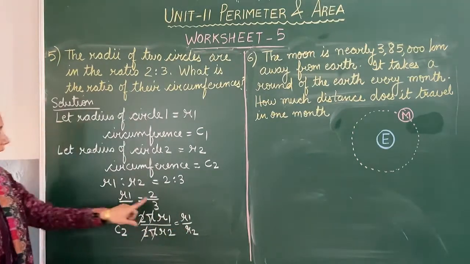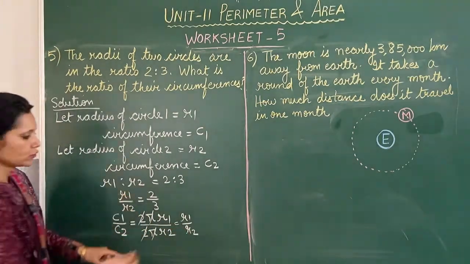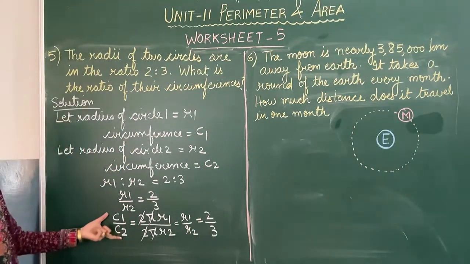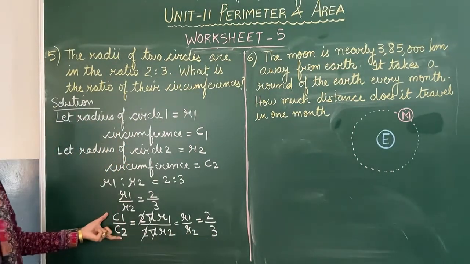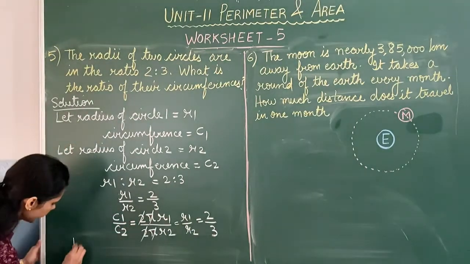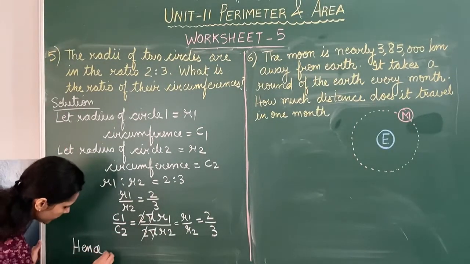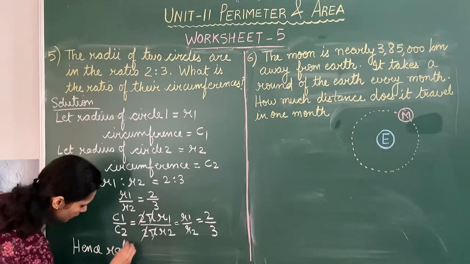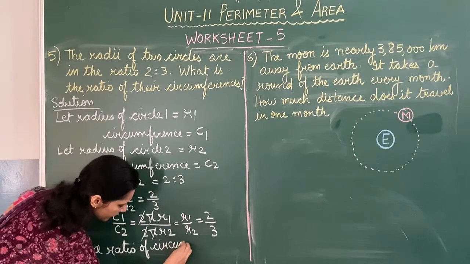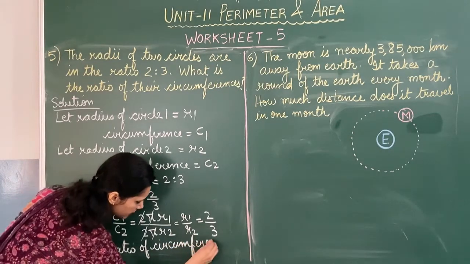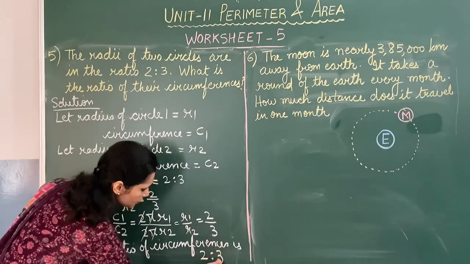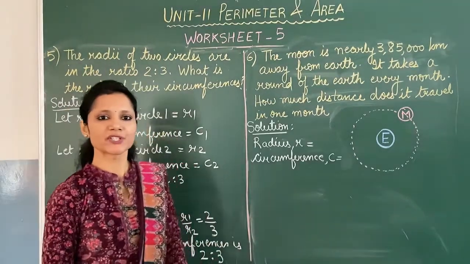And we know that r1 upon r2 is 2 upon 3. That means the ratio of the circumferences of the two circles is also 2 upon 3. So we'll say, hence, the ratio of circumference is 2:3.